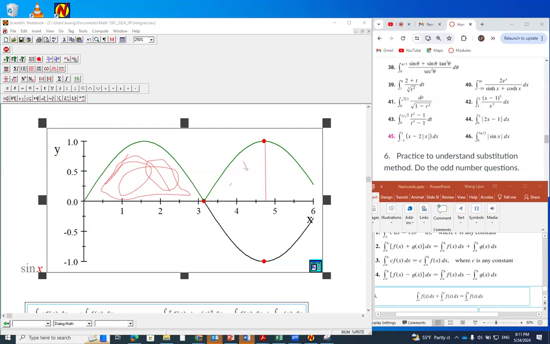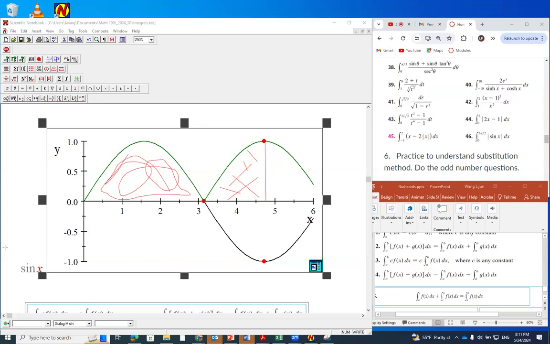So that's the area we're adding up for this integration. But the sine curve changes sign. I mean, the sine curve between pi and 3 pi over 2 is negative. How do we deal with this? So this is how we're going to deal with it.